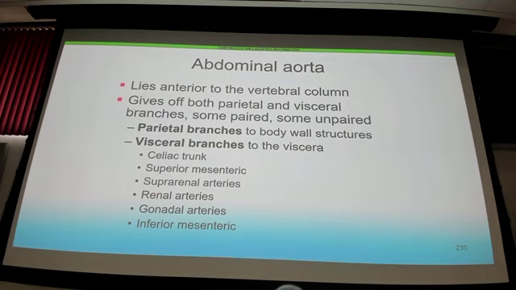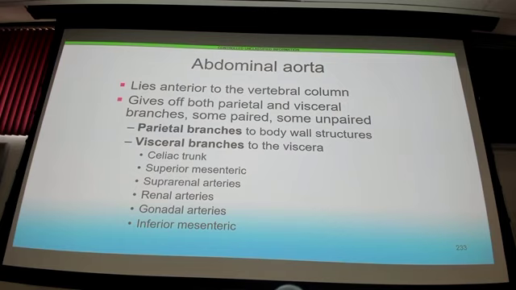The abdominal aorta gives off parietal and visceral branches. We're not going to discuss a lot of the parietal branches. Parietal branches go to areas like the overlying skin, right? But we're going to look at what goes to the viscera, like the kidneys, the adrenal glands, that kind of stuff.